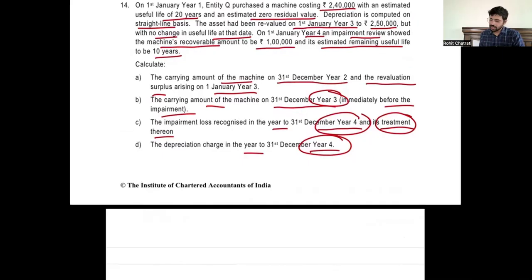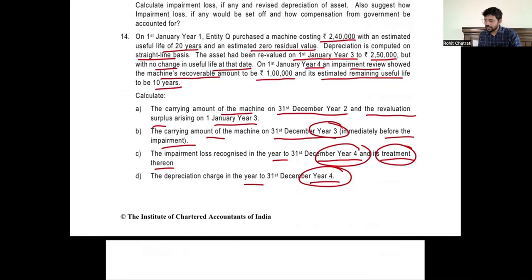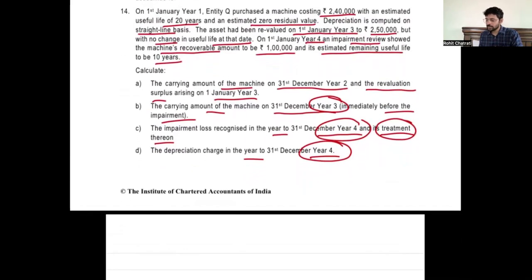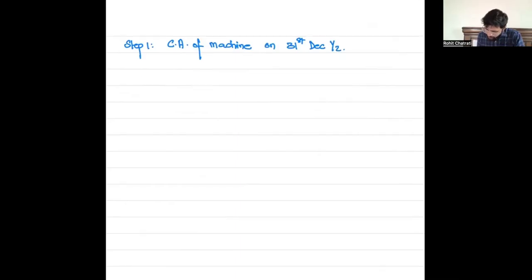All right, let's start with the first bit, which is finding out the carrying amount of the machine on 31st December year 2. Step 1, carrying amount of machine on 31st December year 2. The historical cost was 2,40,000.